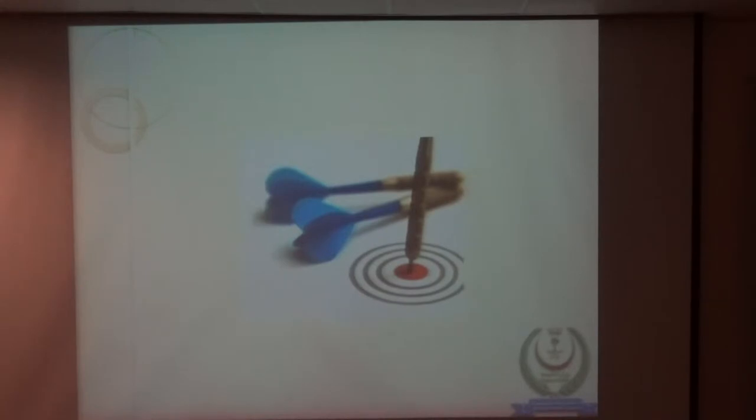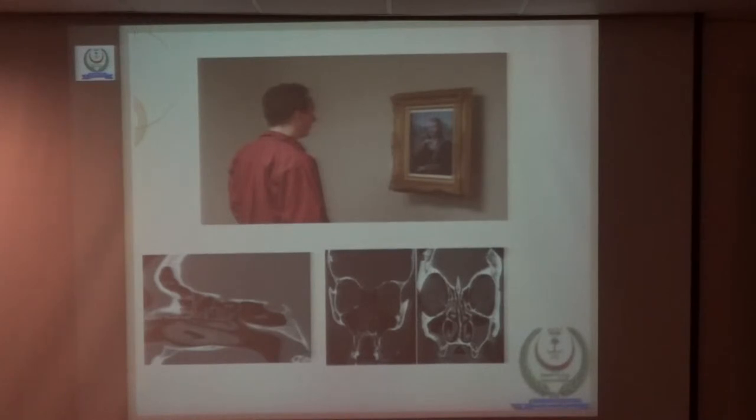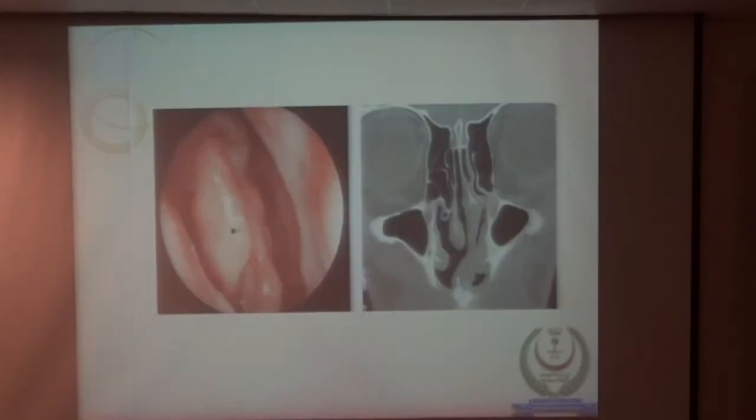To reach our goal in dealing with the uncinate process, we have to look very carefully at the CT scan in depth, to see the different cuts, coronal and sagittal, looking especially at the uncinate process insertion and its relation to the maxillary sinus. For example, if the sinus is small, we have to be very careful and pick it up from the CT scan, how the uncinate process is very near to the lamina papyracea and so forth.